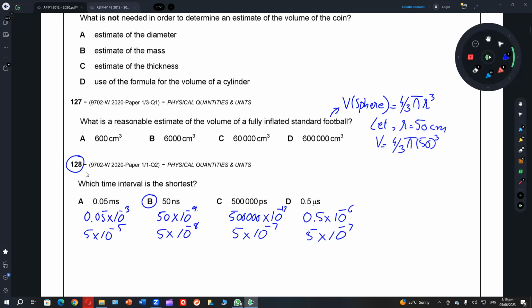Let's imagine more closely. I was thinking it should be around C or B. A is too small, but D is too large. Let's imagine more. What is the possible radius of a football?